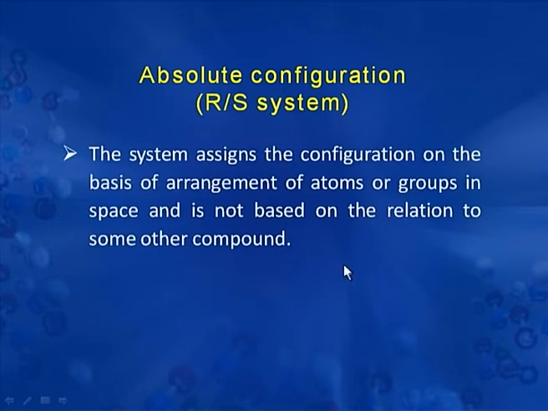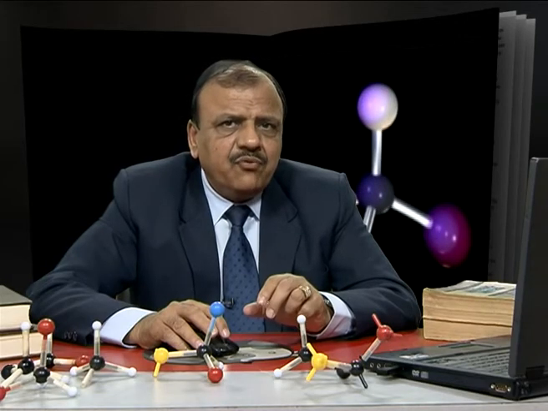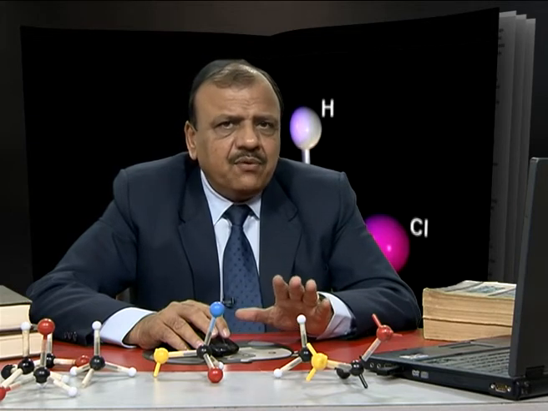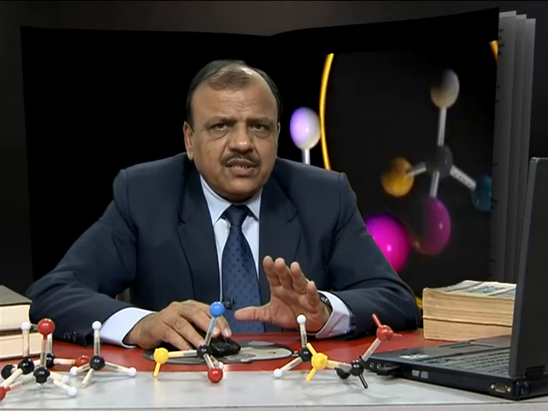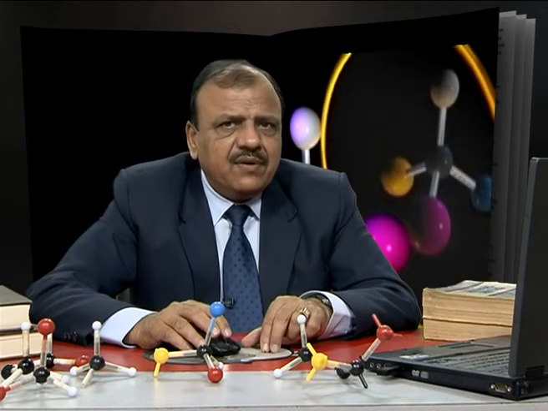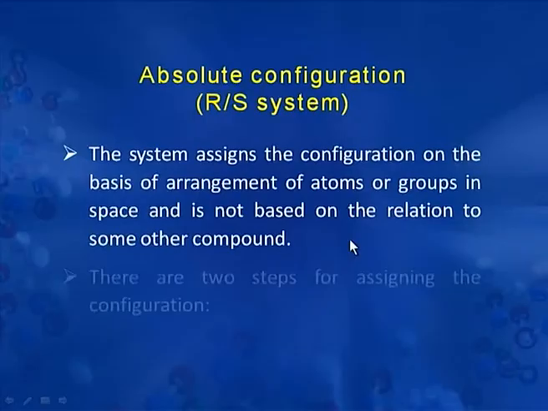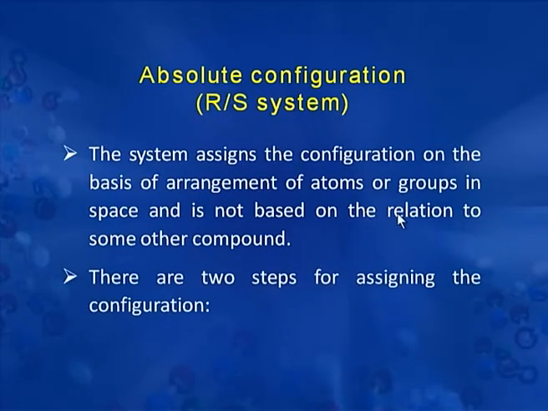This system, as I said, is based on the actual arrangement of atoms, and if we say this isomer has R configuration, we are able to write the configuration. And if the configuration is written in Fischer projection, or in the form of a Sawhorse projection, or in any form, we can determine whether it is R or S. For assigning configuration by this method, there are two steps.